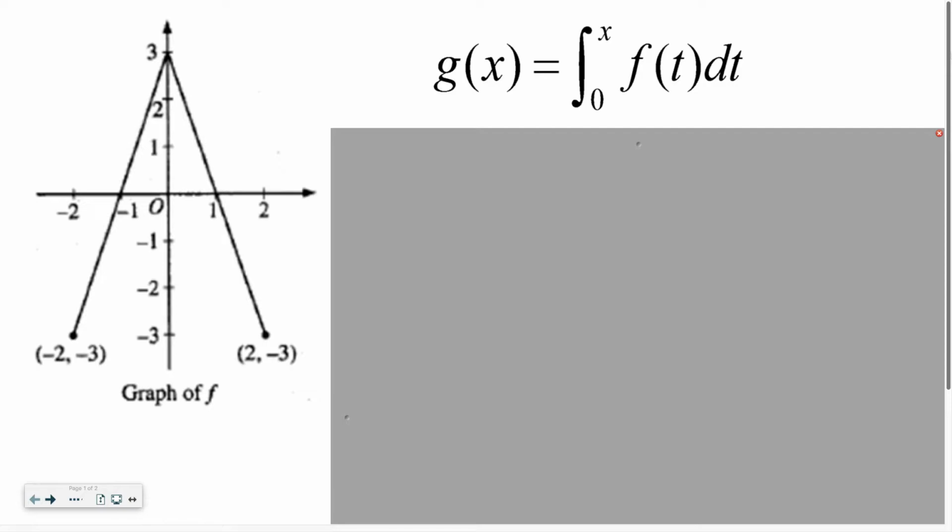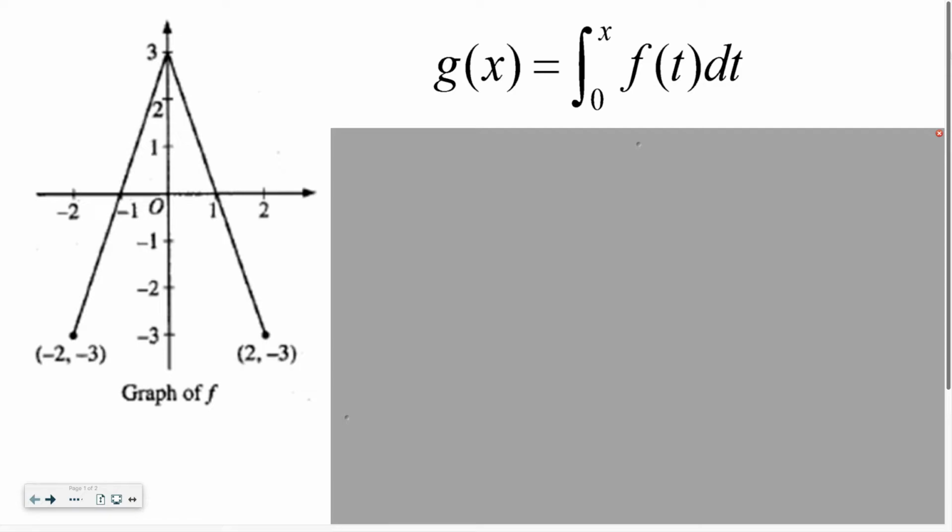So what I want you to start thinking about is the relationship G has with the graph F. I want you to think about the relationship G of X, our function, has with the graph F. I'll go ahead and let you talk to each other first at your tables.